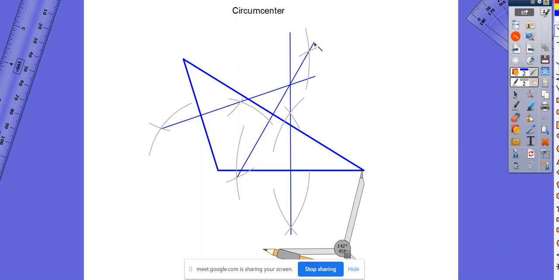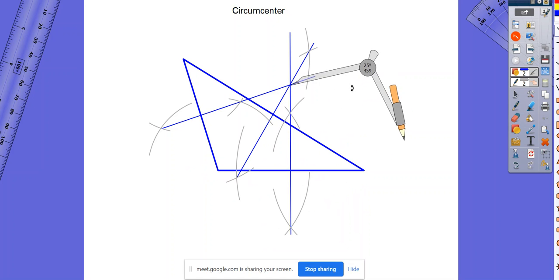So you know you've done this right if all three perpendicular bisectors meet at one spot. Now here's the cool thing about the circumcenter.